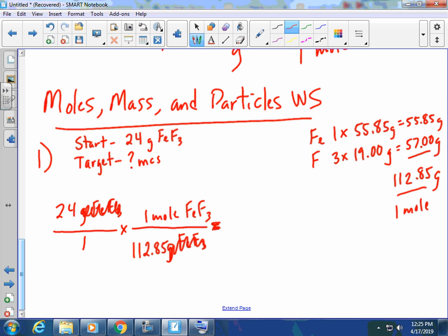If I multiply across the top, I'm going to get 24 times 1 mole of FeF3. That means I'm going to have 24 moles of FeF3? Not really. That's just our top answer. Then I'm going to multiply across the bottom. 1 times 112.85, which is just going to be 112.85.